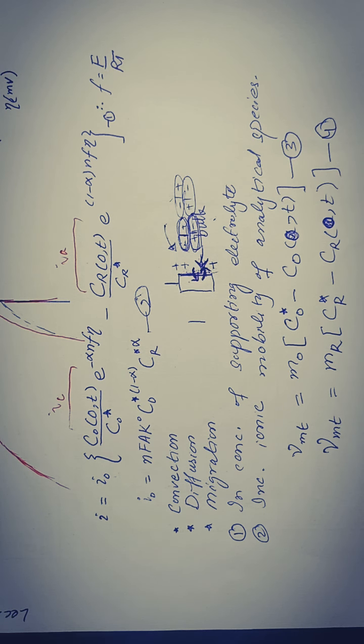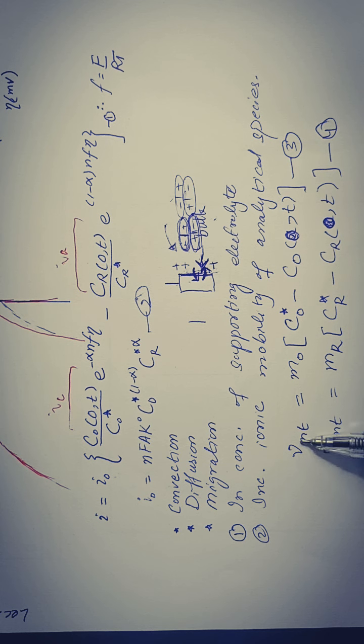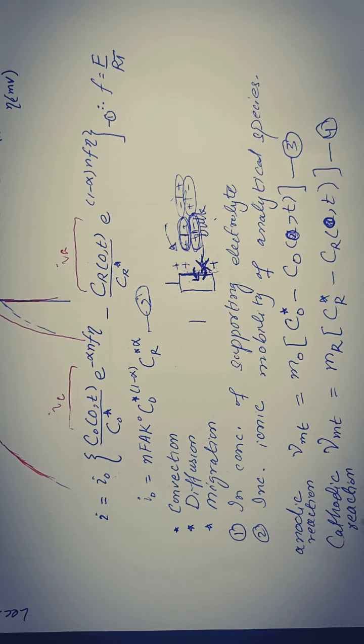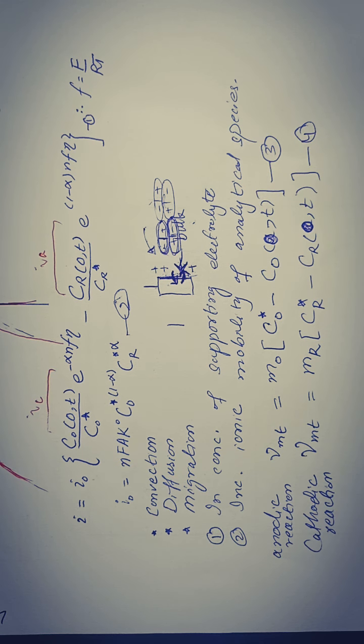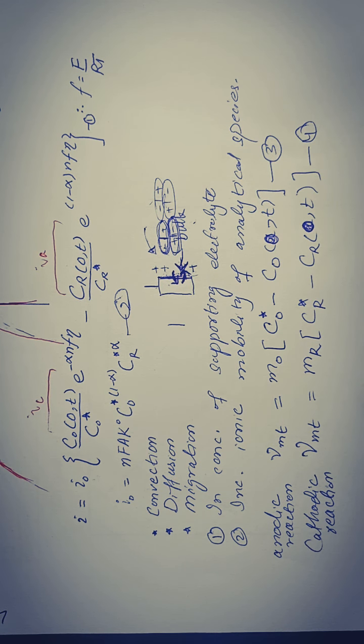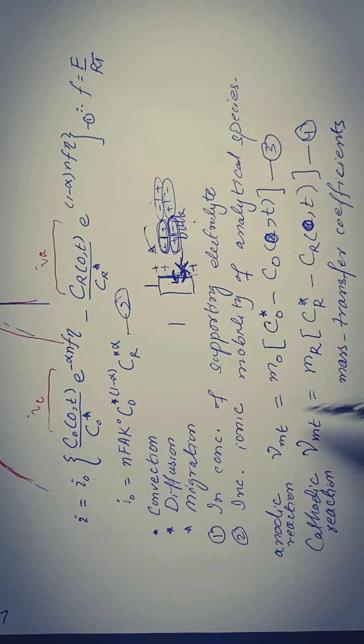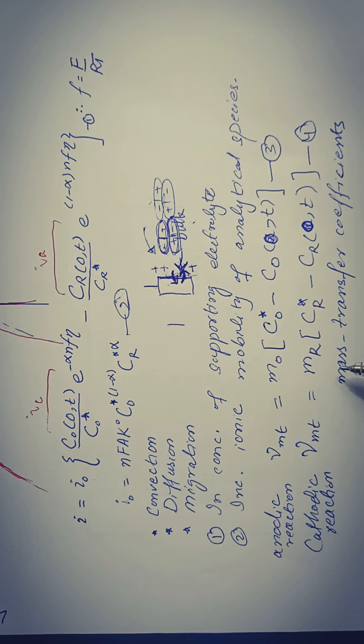So here we have two mass transfer processes occurring at the electrode surface, making the net contribution towards the anodic and cathodic reactions, in which m0 and m are the mass transfer coefficients for the anodic and cathodic reactions.